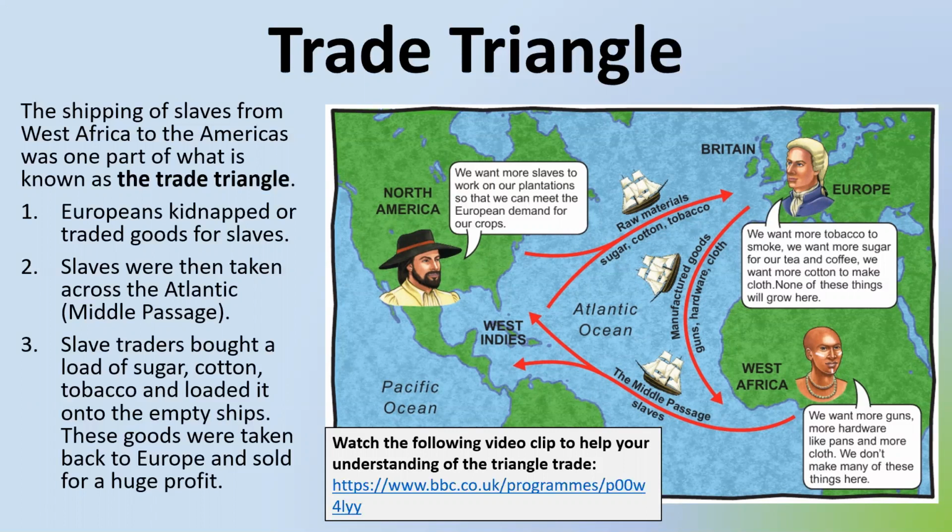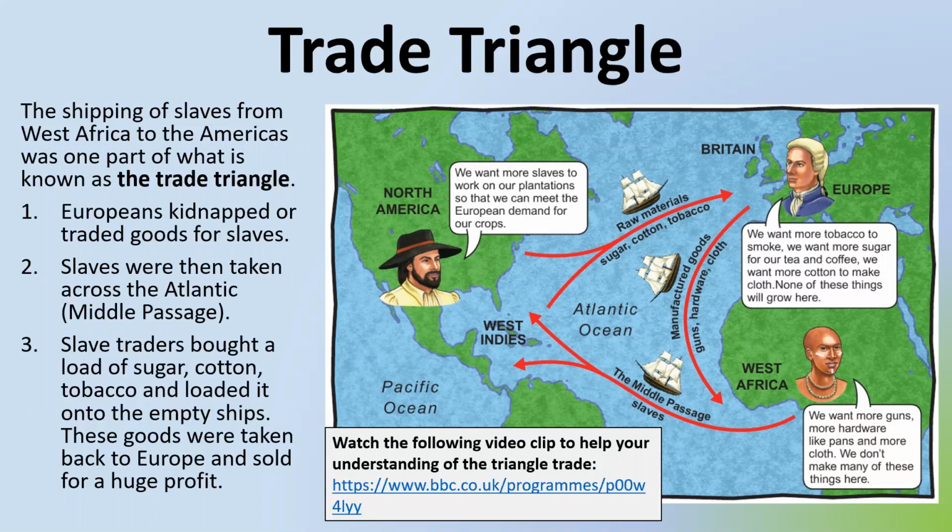In a lot of cases as well, Europeans would kidnap slaves. Those slaves would then be put onto ships and taken across the Atlantic Ocean towards the West Indies. This part of the trade triangle is what we call the Middle Passage. We're going to go into more detail in a moment about what this Middle Passage was and the conditions during that journey.